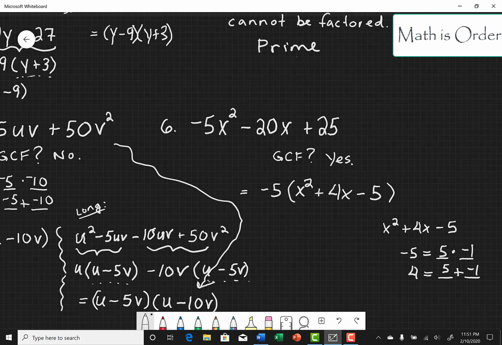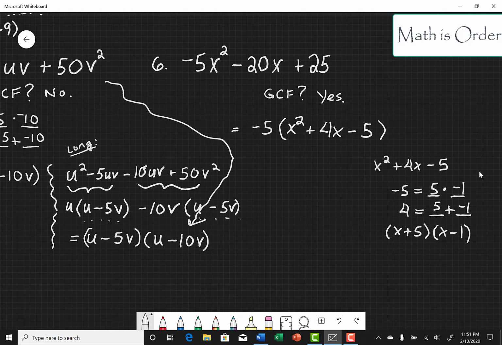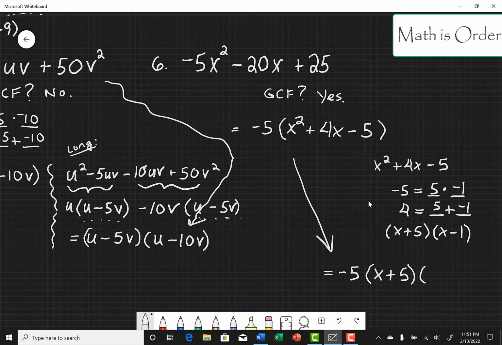So immediately this thing factors like x plus 5, x minus 1, right? And so our final answer, just using the shortcut approach here, don't forget to rewrite your GCF. It's a common mistake people make, including myself. Rewrite the GCF and then also rewrite the other factors that you found when you use the AC method.